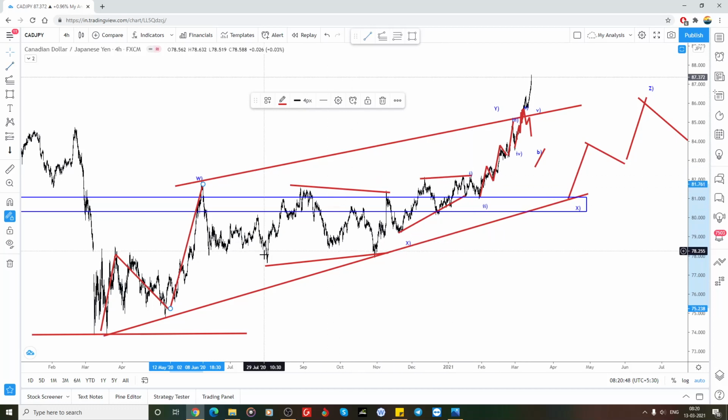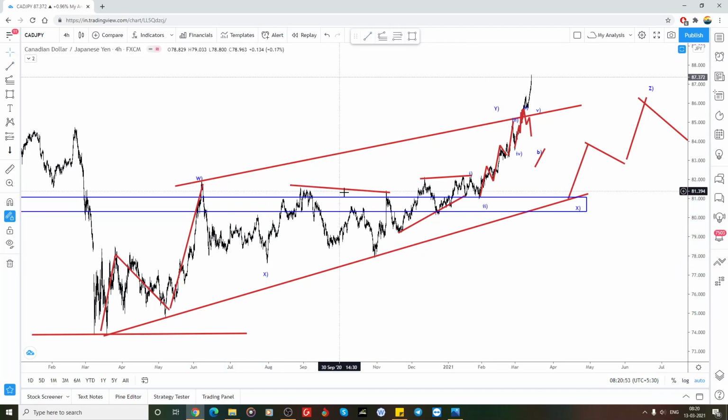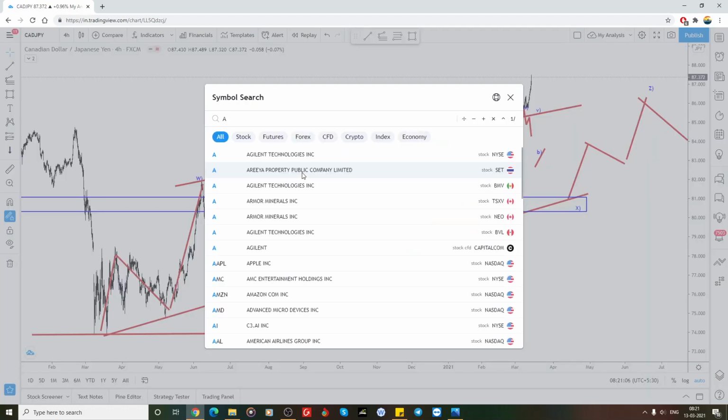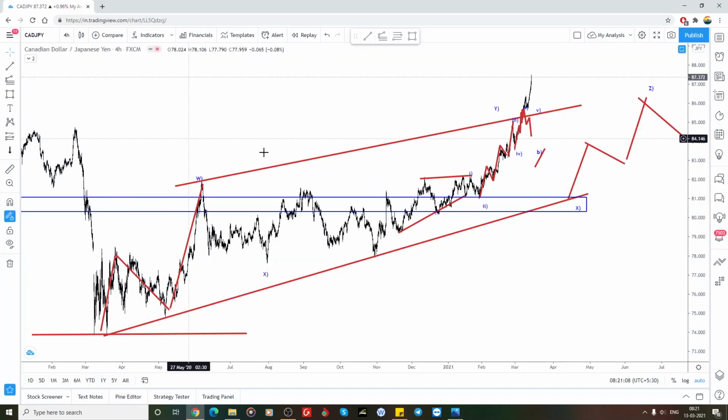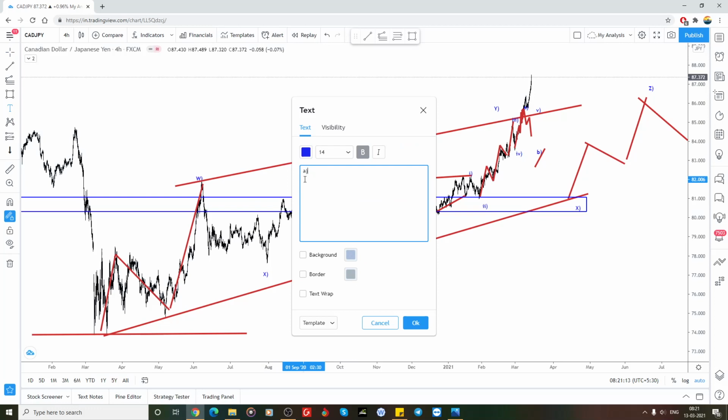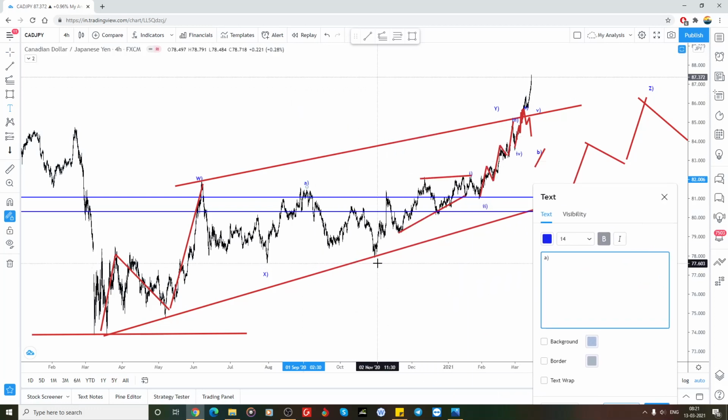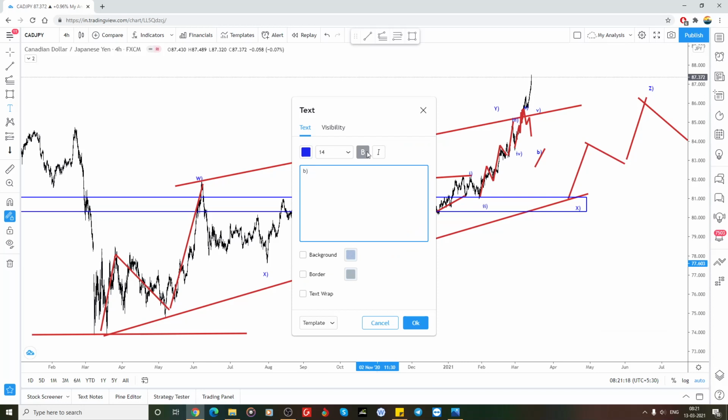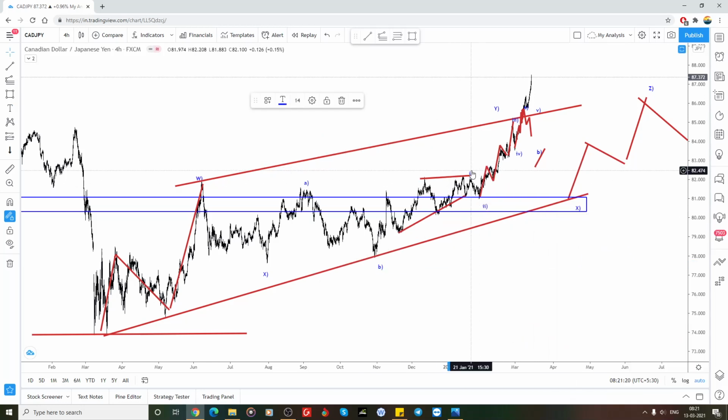If we didn't keep this as a triangle, then this could be a B, leading diagonal of wave 1, 2.